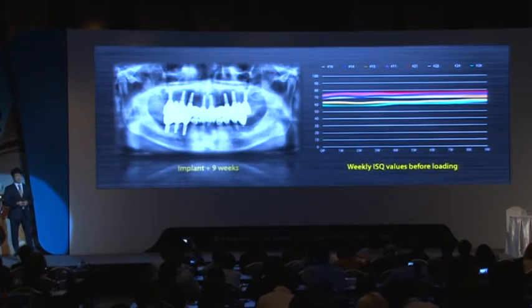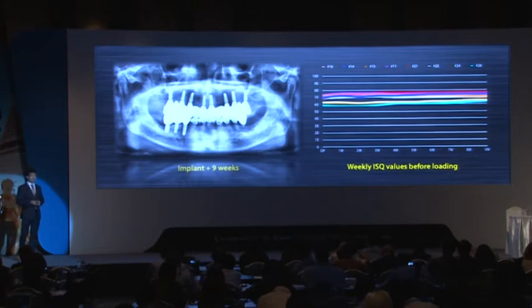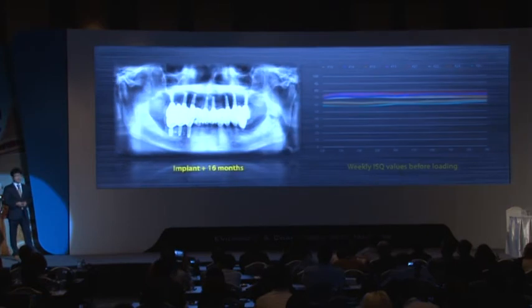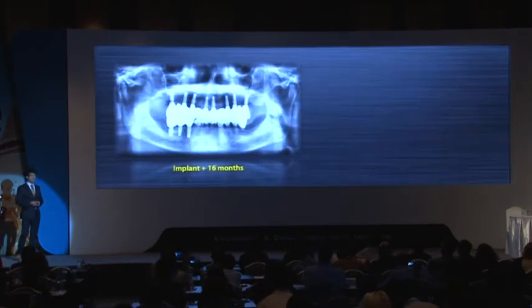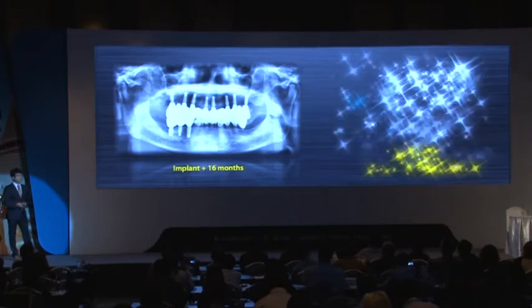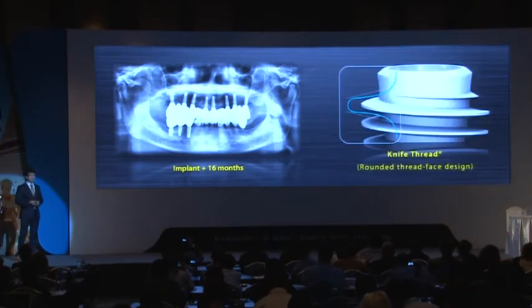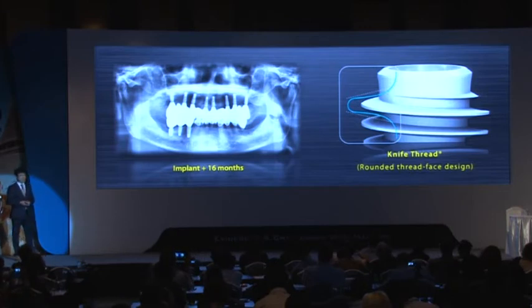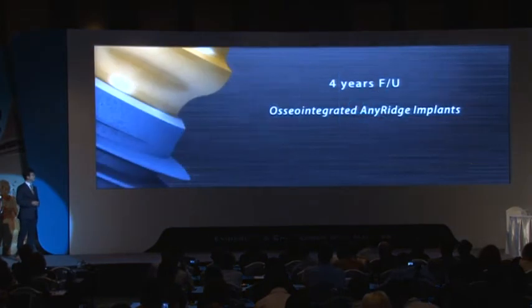So the final prosthesis can be delivered 9 weeks after implant installation. Why does Anyridge show this unique pattern of ISQ values? I attribute this to the macrostructure of Anyridge, especially the thread design. Yes, it's not flat.